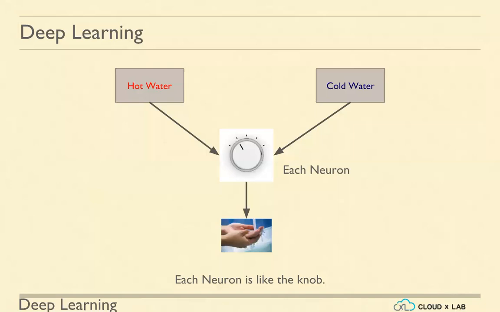So we have the historical data. When we say historical data, it means that we have input and expected output. So we keep on tweaking these knobs until these knobs start giving us results similar to the expected output.